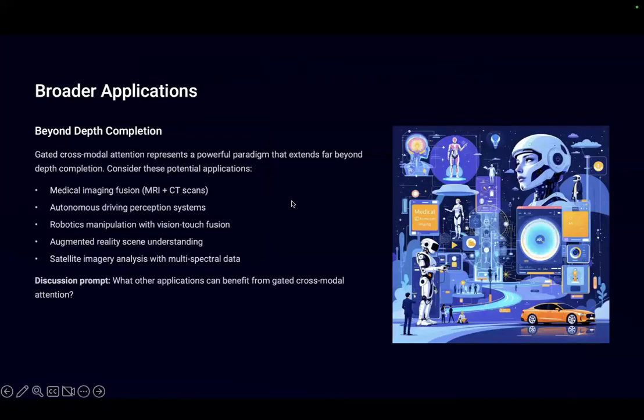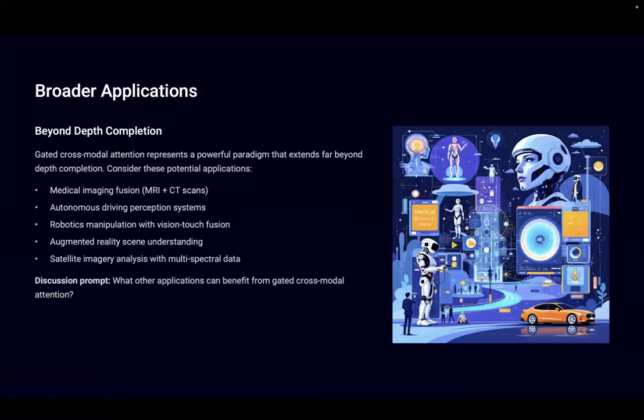Now, what are the broader applications we can see beyond depth completion? This gated cross attention mechanism can be really good for many other applications like medical imaging fusion, like MRI and CT scan. Any other modality, where you have two different modalities and you want that correlation, that gated mechanism will really help you.